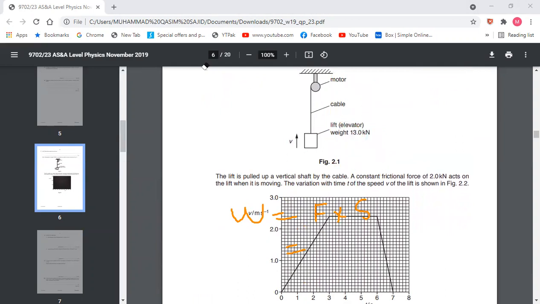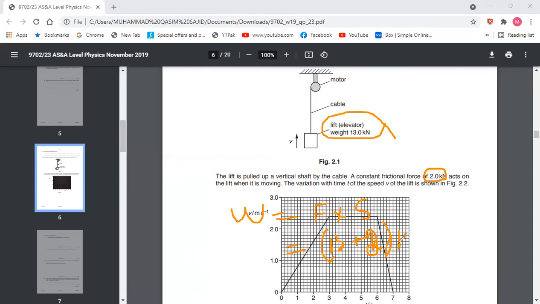Now just see it, Abdullah. This is 13 kilonewton, the force acting downward, and this is the resistance force. So the total force is 13 plus 2 kilonewton.